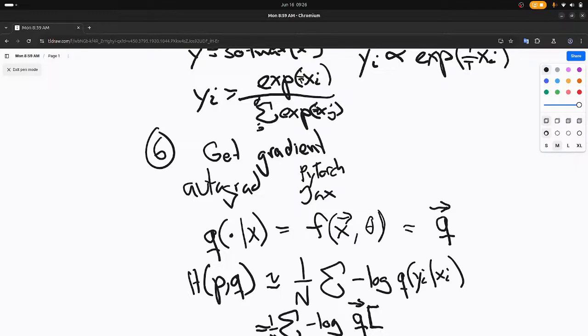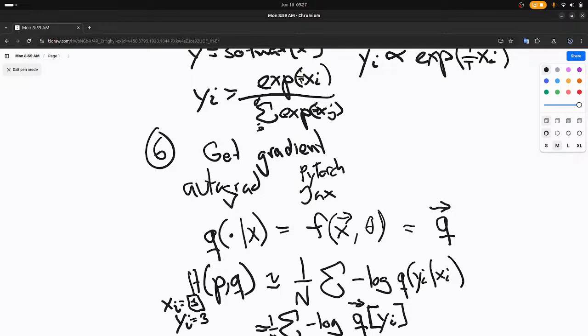So let's think about it. xi could be an image, and yi is then a specific value, right? It can be 0 to 9. So it's valid to just write yi in here. The yi'th entry in this output vector, which sums to 1 and is non-negative, so it's a probability distribution.